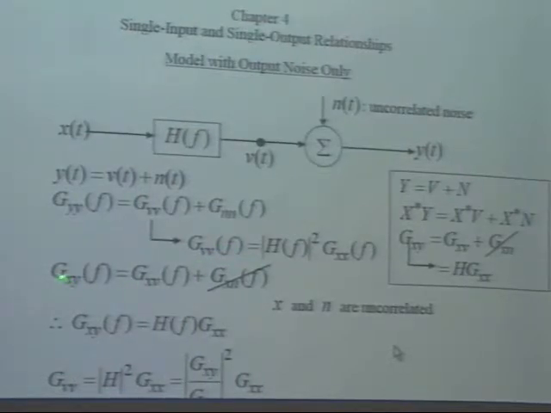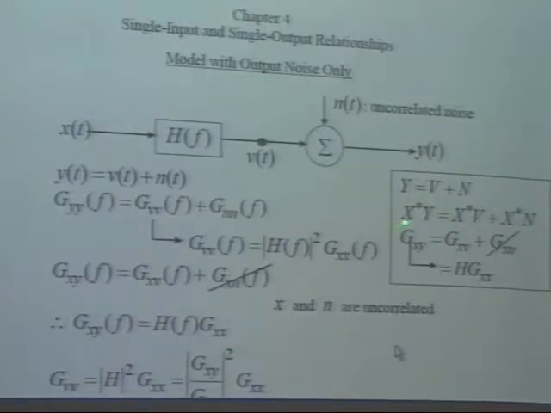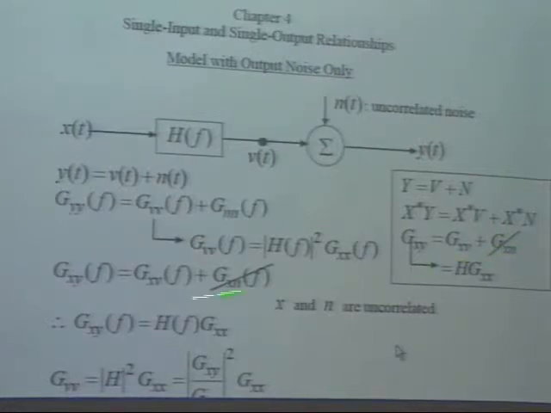Then Gxy, look at this Fourier transform expression, then you can zap, right? Then that introduces right there. This is same as what I've shown here.